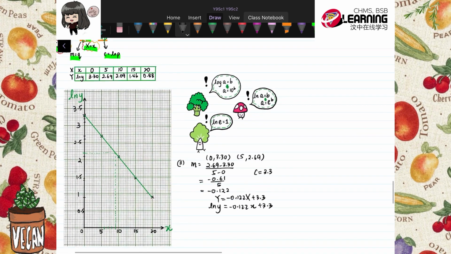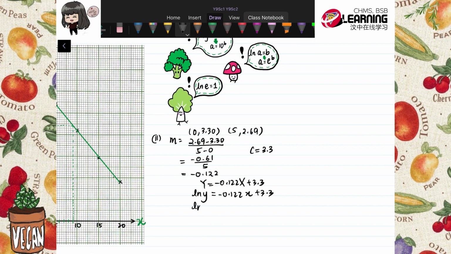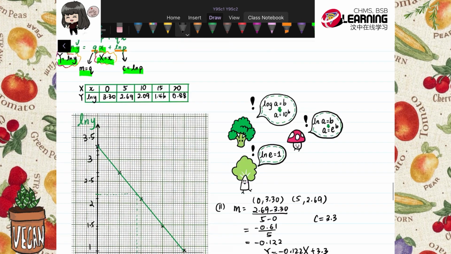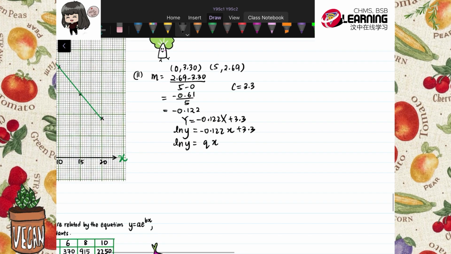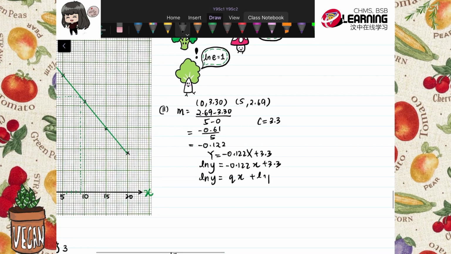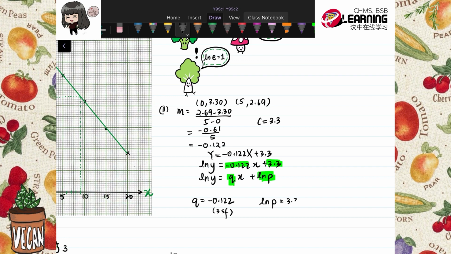So I bring it down and compare. ln y equals Qx plus ln P. My gradient is this, and then my 3.3 is ln P. So Q equals negative 0.122. That's my answer in 3 significant figures already. And my ln P equals 3.3.